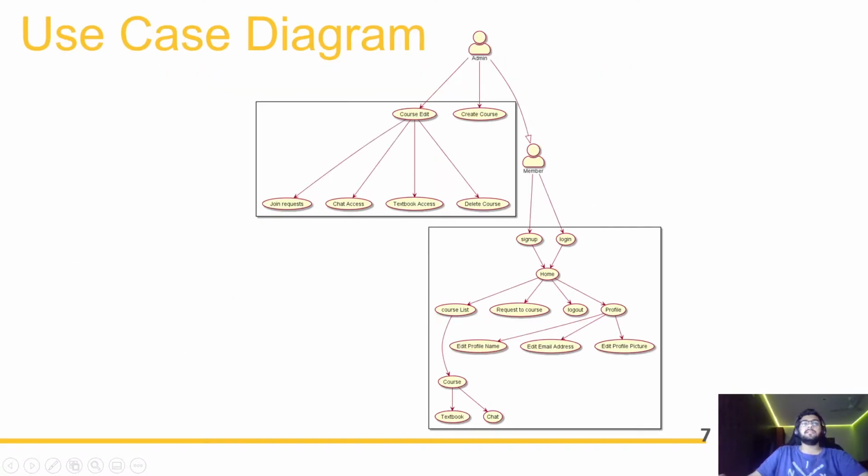Okay, let us now look at this use case diagram. As we can see, admin extends member. Now member can either sign up or log in, which redirects him or her to the home page. From the home page, we can access the course list, and from the course list, if we select a certain course that we are enrolled in, we can access the textbook and chat for that course.